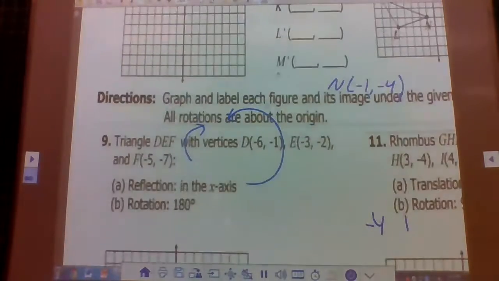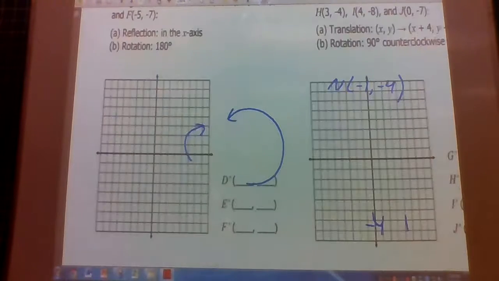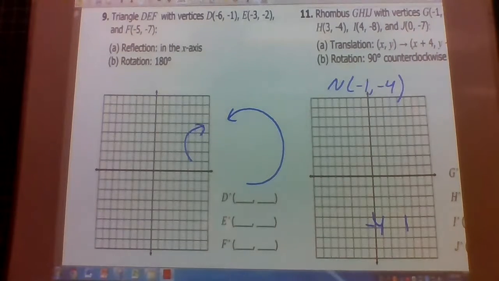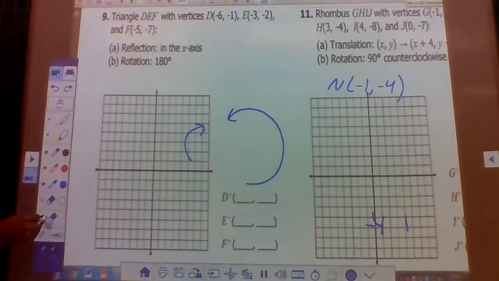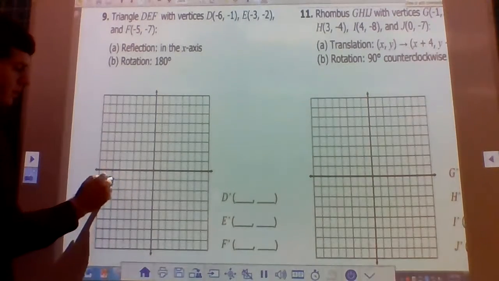Okay, 2 more. These are doubles. Zoom out a little so we can fit it all. So D is negative 6, negative 1.